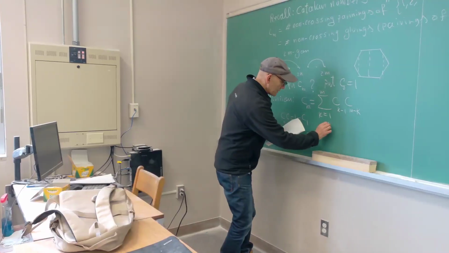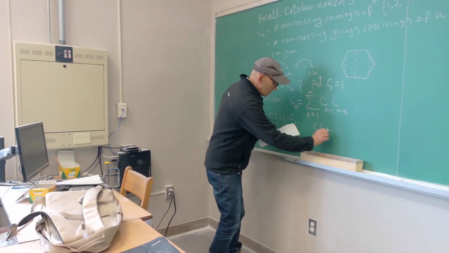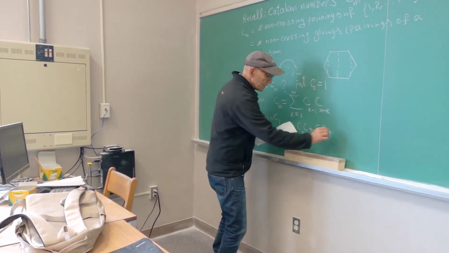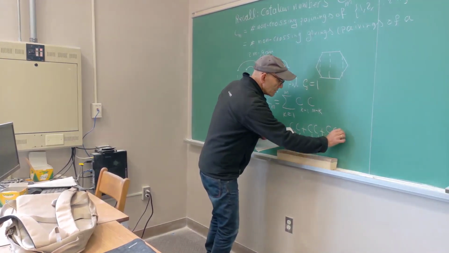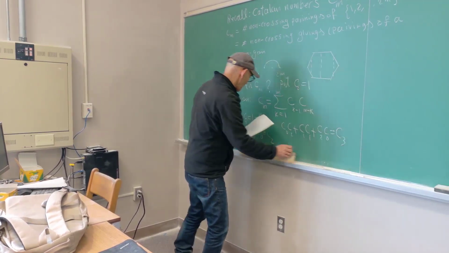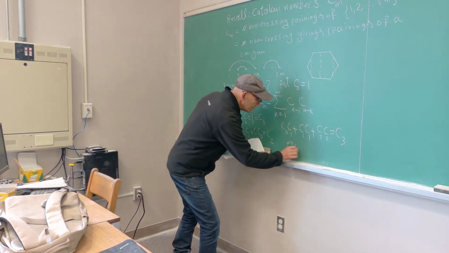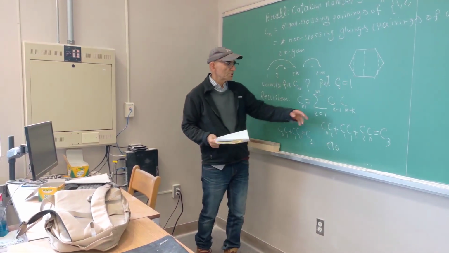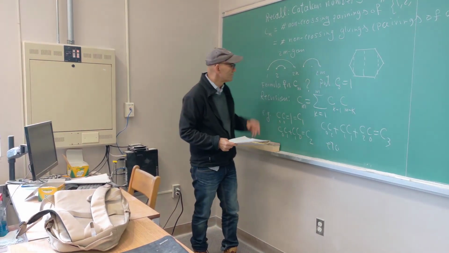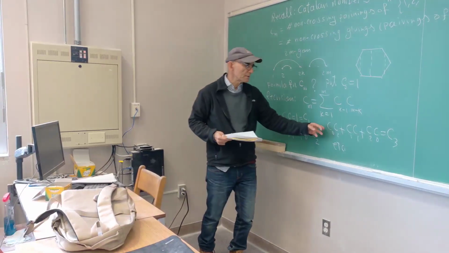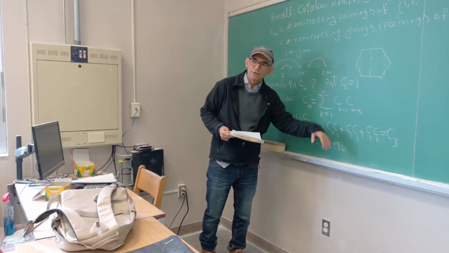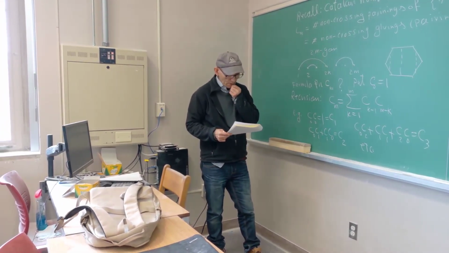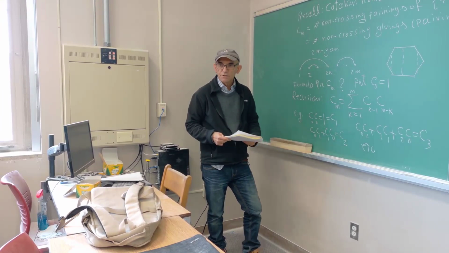And we have something like C_0 C_2 plus C_1 C_1 plus C_2 C_0 equals C_3, etc. Right? So each C_n can be expressed as sums of products of these lower C's. So this is a nonlinear recursion.